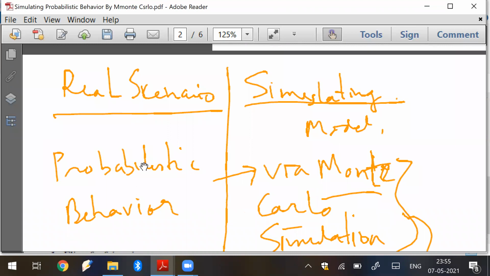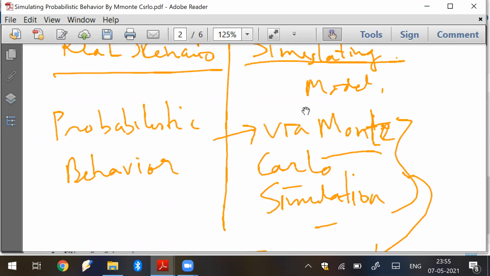Under the real scenario we get the probabilistic behavior, and we are trying to design a simulating model via which we can produce this probabilistic behavior. That means we will produce a data set which will be accurate up to a certain level with the data set obtained in the real life situation.